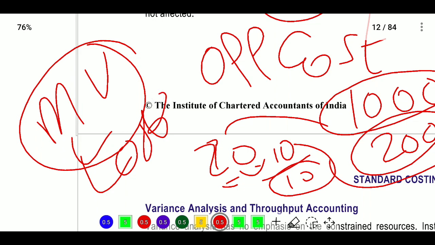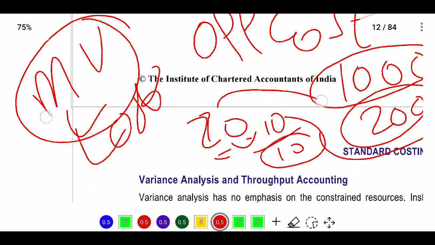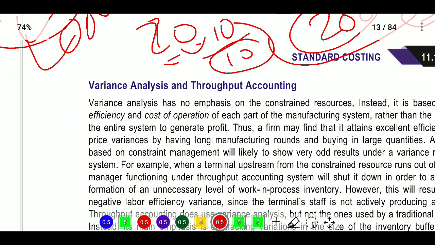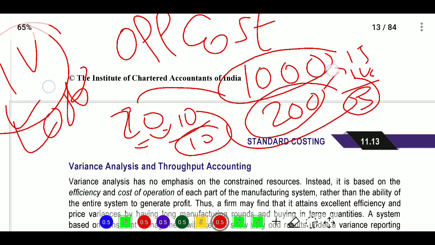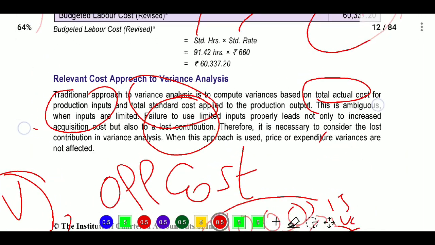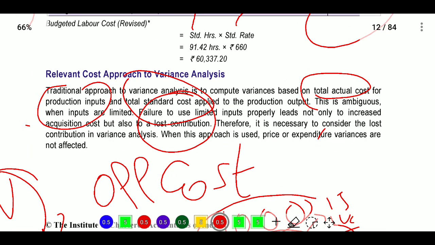Next, variance through throughput accounting. Here the relevant cost approach means another limb where inputs are limited. For failure to use limited inputs properly, we increase not only the acquisition cost but also lose the contribution.